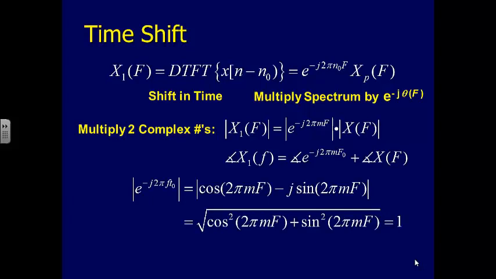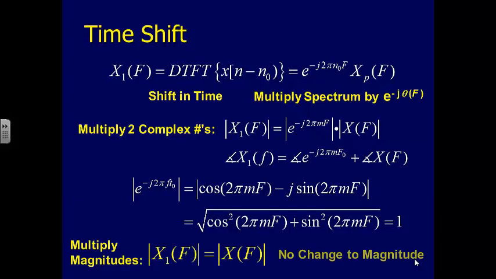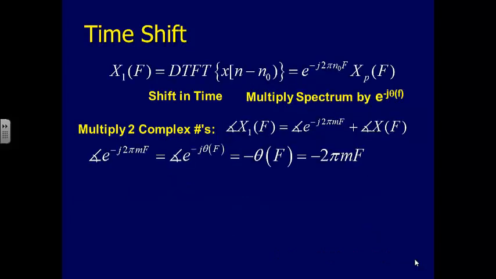We know the magnitude of this exponential has to be 1, because it's a sine squared plus a cosine squared square root. So time shifts do nothing to the magnitude response. It's a pure phase response, and it's a linear phase response. Right? And it adds this slope to my phase term that has a slope of minus 2 pi m times f.